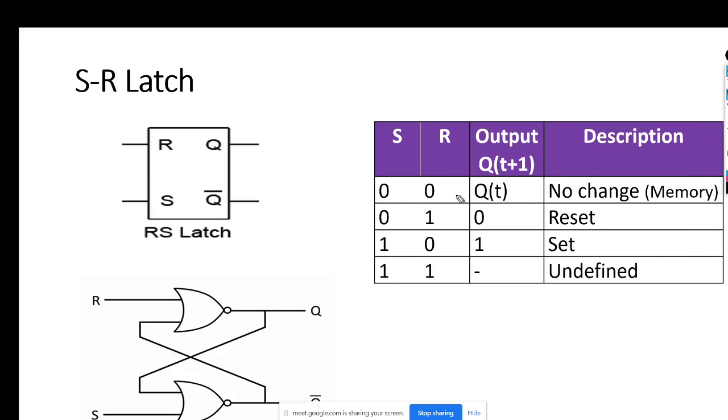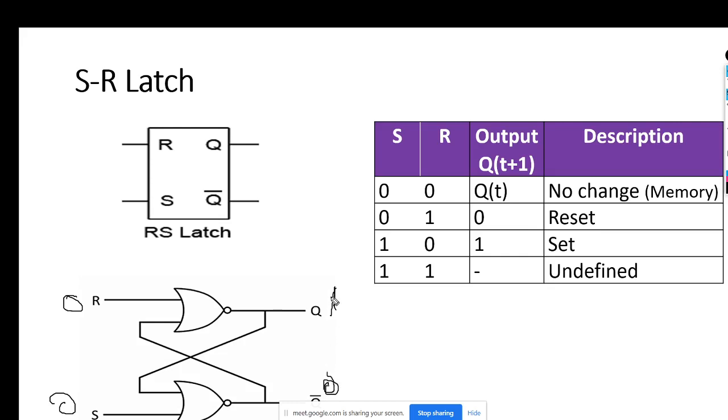When both S and R are 0, we see no change in the output. That means whatever the output previously was is going to be the same output again. So when both are 0, if Q happens to be 1, and of course when Q is 1, Q bar must be 0, then in the next clock cycle, in the next time slot, it is going to be 1 and 0 again.